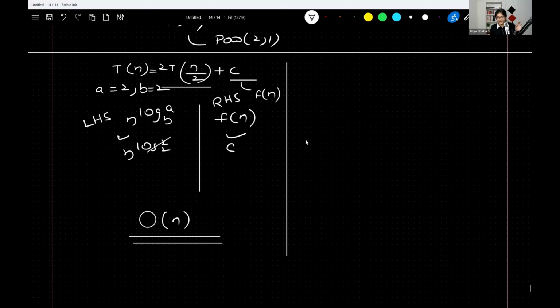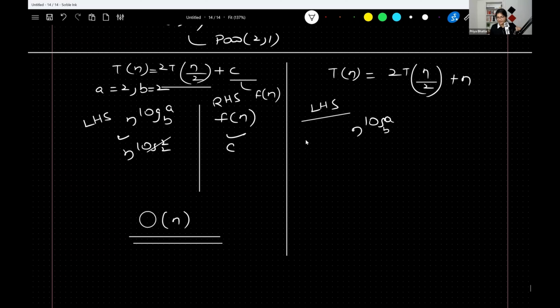Let's say I write one more equation, 2T n by 2 plus n in this case. Now if you solve the LHS, you will get the answer as n to the power log of A base B, which is n. Your value of f of n is equal to n, right?